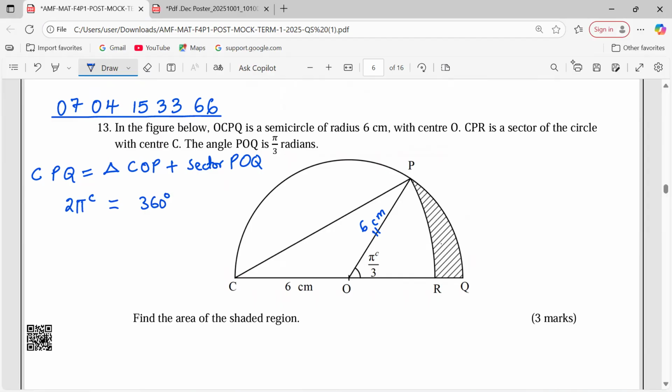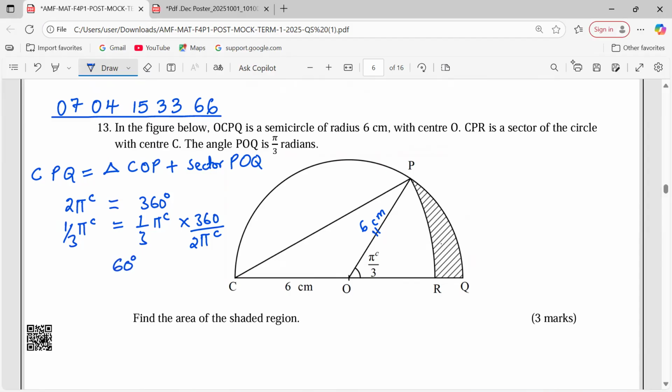What about a third pi radians? This shall be a third pi radians multiplied by 360 divided by 2 pi radians. So now this will be 360 over 6, which is 60. So the angle is 60 degrees.